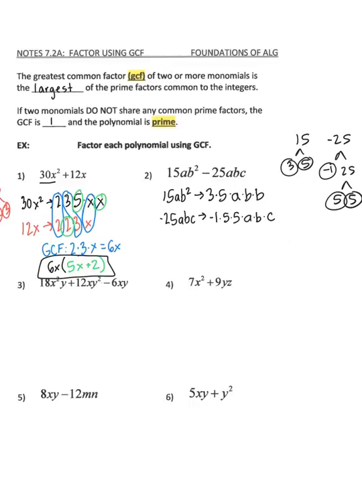I'm going to circle all of the ones in common. So I've got a 5, an a, and a b. So that makes my GCF 5ab.